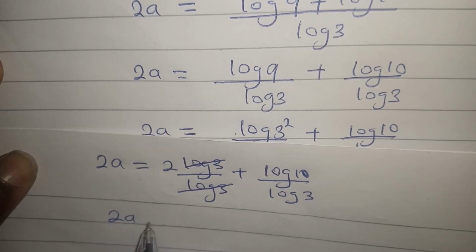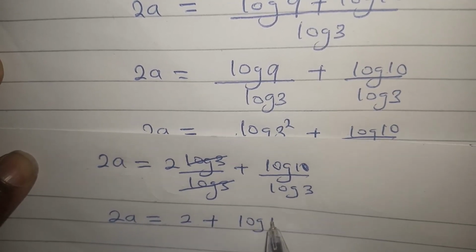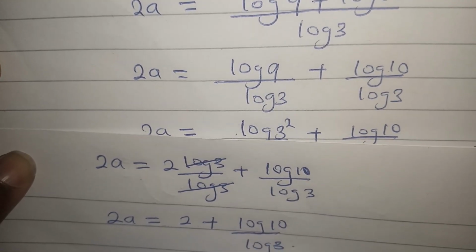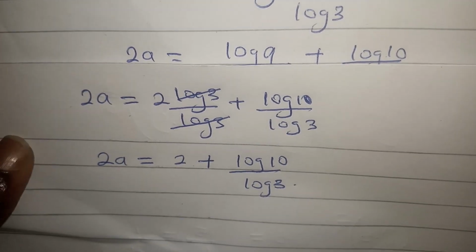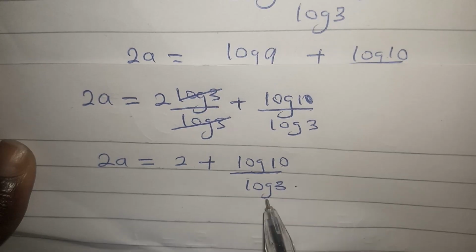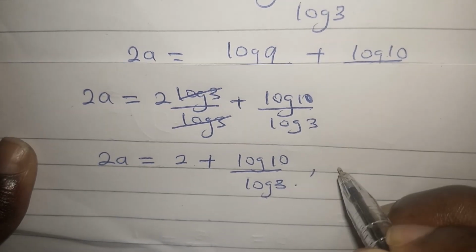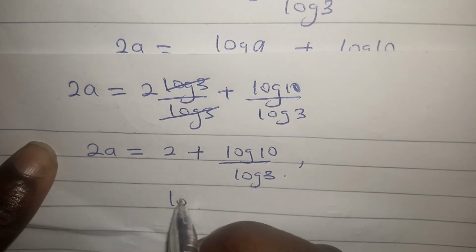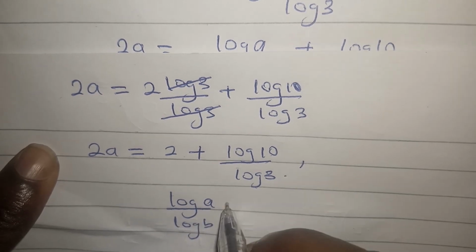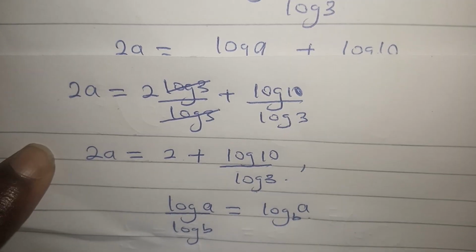We are left with 2a is equal to 2 plus log 10 over log 3. At this point, we have log 10 over log 3, and we are going to apply the rule which says that log a over log b is equal to log a to base b.